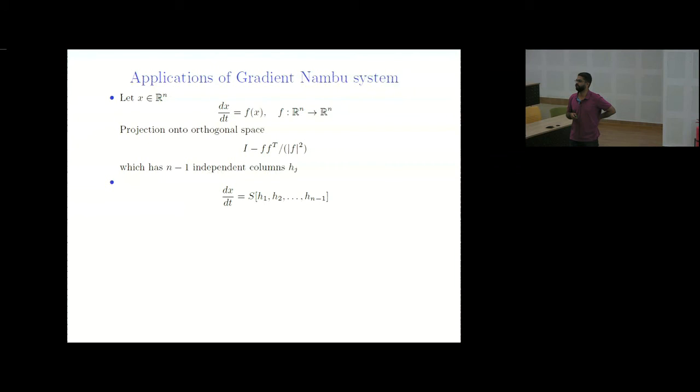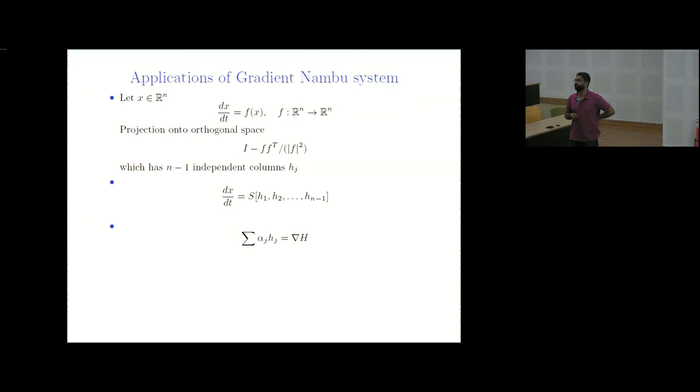This is an n by n matrix. Just take any of the n-1 columns and stick them into this tensor notation. This is a Nambu form, but H1 and H2 are not necessarily gradients. They're not necessarily conserved quantities, but they are the directions you want to define.